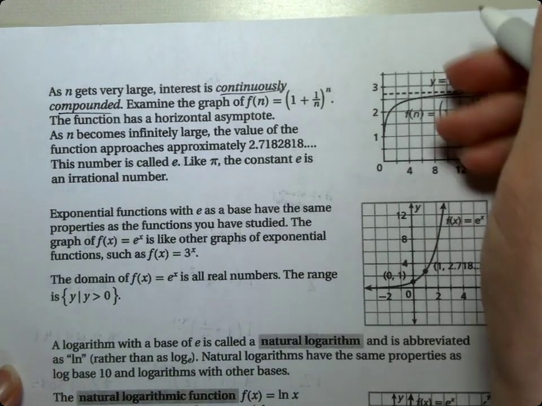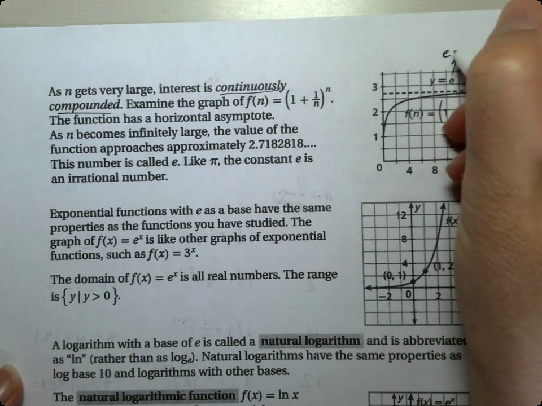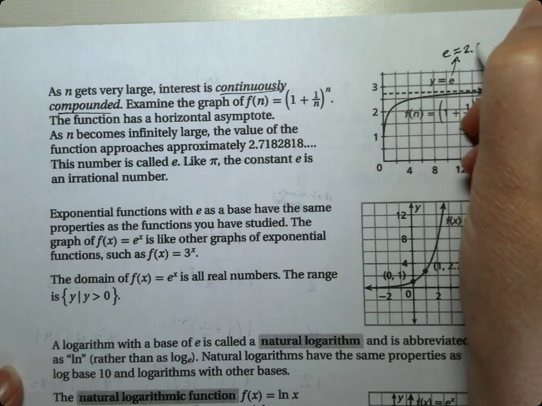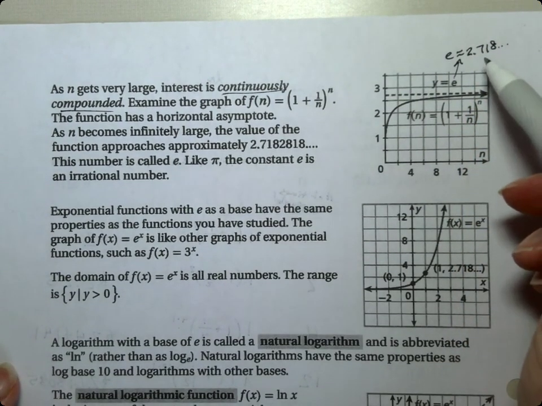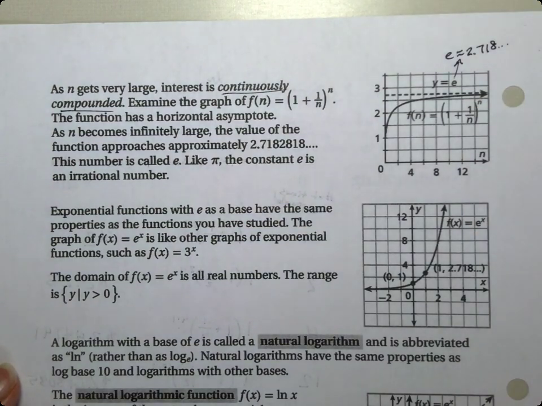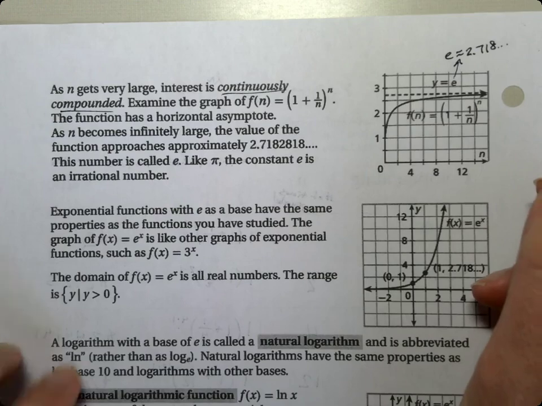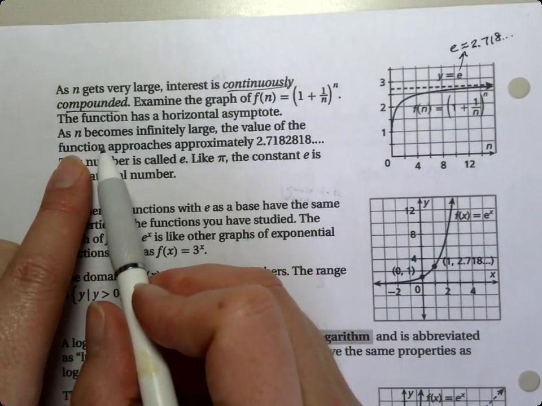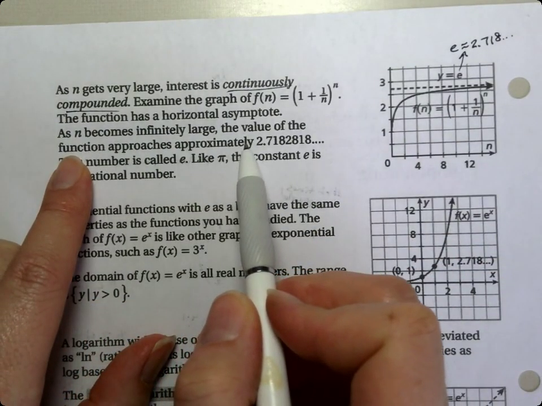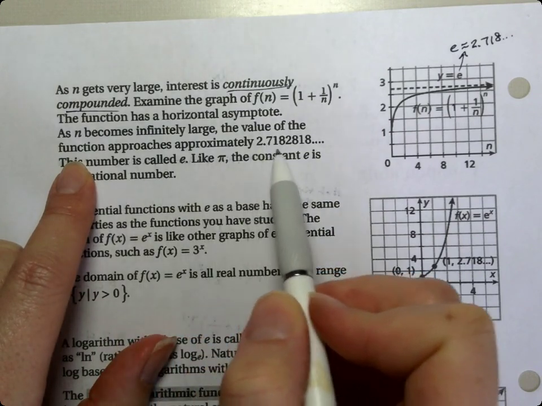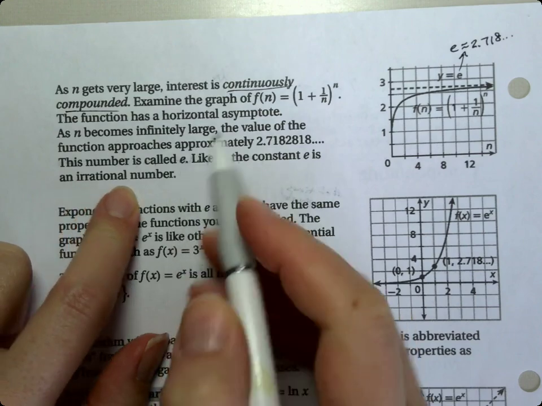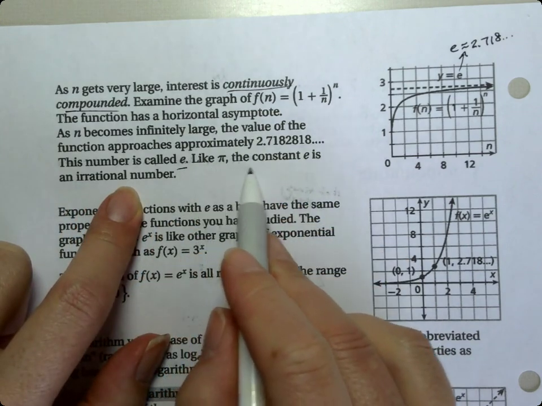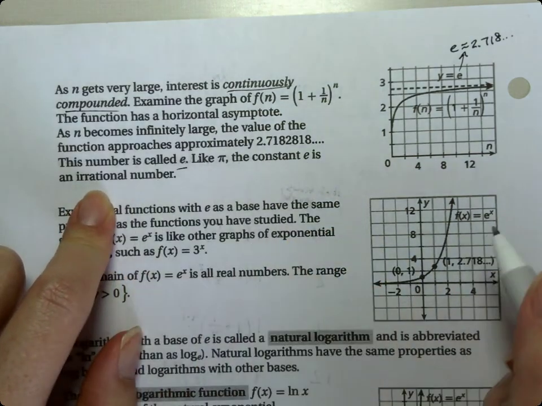So e, remember, e is approximately that 2.718... It is a number, but we use e just like we use pi to represent 3.14... Okay. As n becomes infinitely large, the function approaches this 2.718218. This number is called e. There it is. Like pi, the constant e is an irrational number.